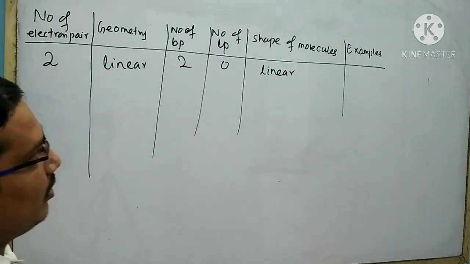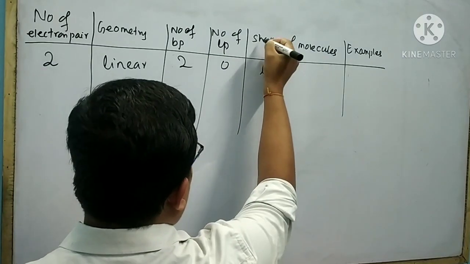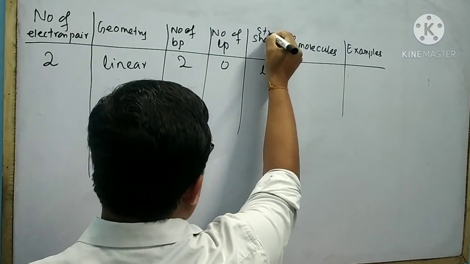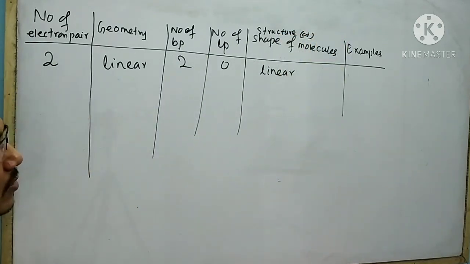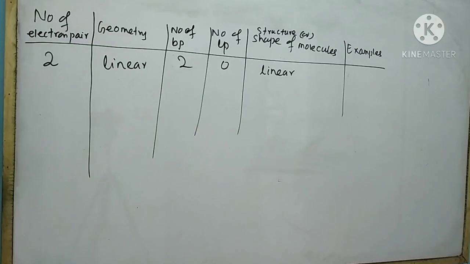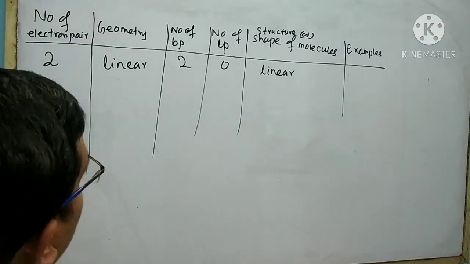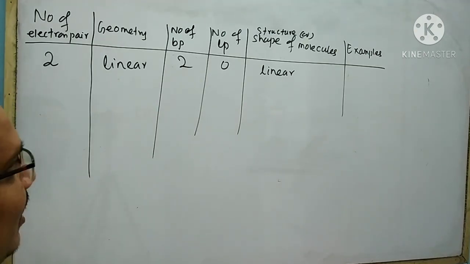Shape of a molecule is also called the structure of the molecule. There is a difference between geometry and shape of a molecule. In case of shape, we generally consider only the bond pairs, but in case of geometry, we think about both bond pairs and lone pairs.